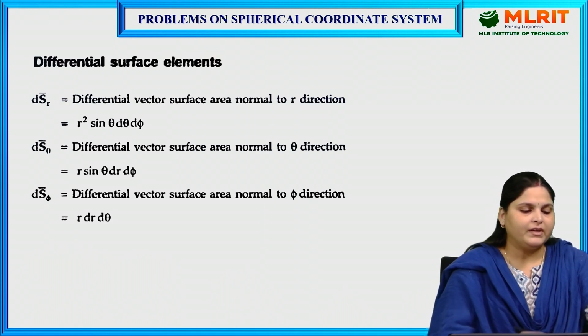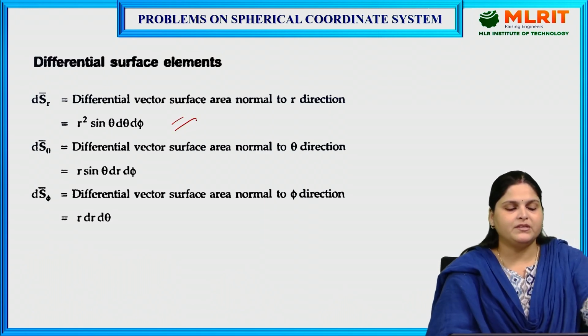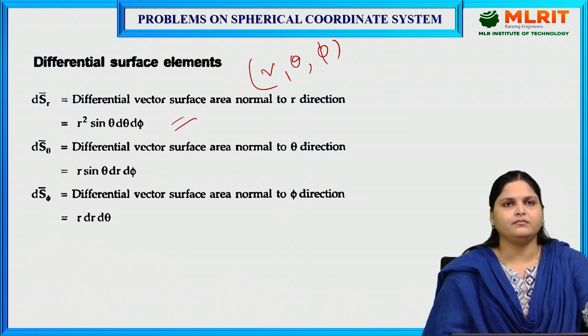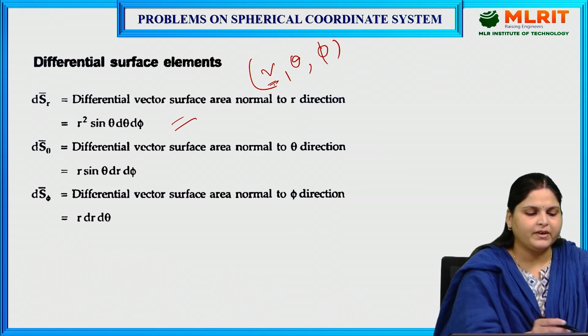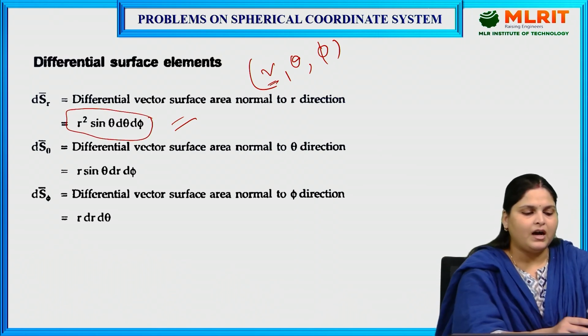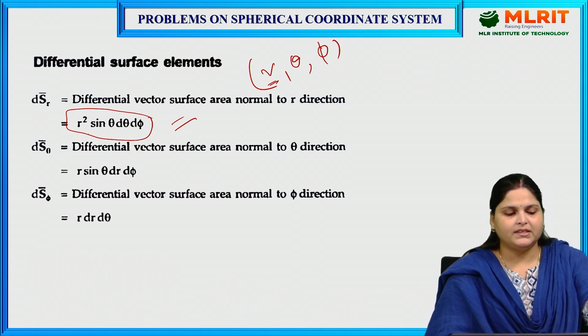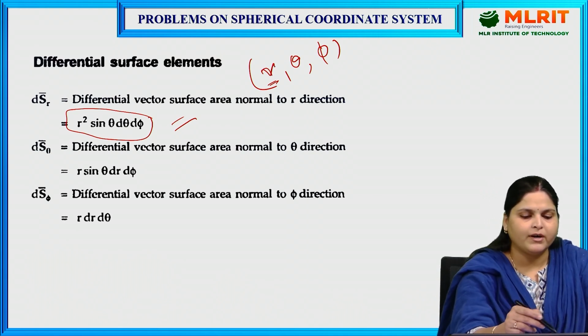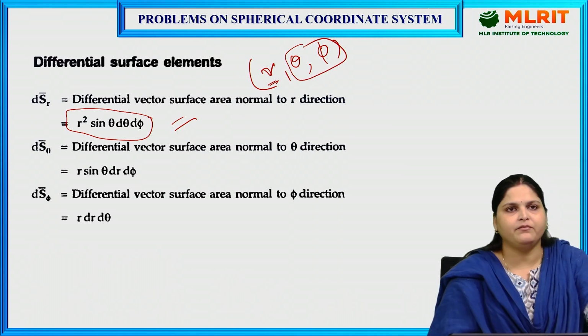Now we can write the differential surface elements also, for the coordinates r, theta and phi. For the r constant surface, the surface area is r squared sin theta d theta d phi. R is constant, so phi and theta can vary.